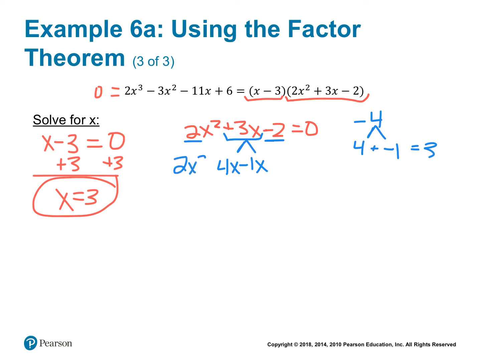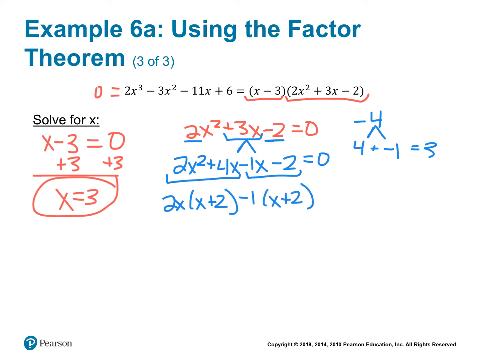Bring down my 2x squared and my minus 2. Then I can group these, factor out a 2x. That leaves me with x plus 2. Factor out a negative 1 here. That leaves me with x plus 2. So now I have 2x minus 1 times x plus 2 as my factored form of that whole thing.